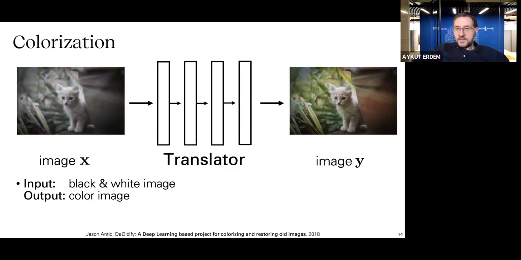Or here's another one. This might be a little more complex than the previous one, where the input is a black and white image, and you try to generate the colorized version. Of course, this requires some sort of semantic understanding, like the color of nature, the grass in this example, or the color of the cat.